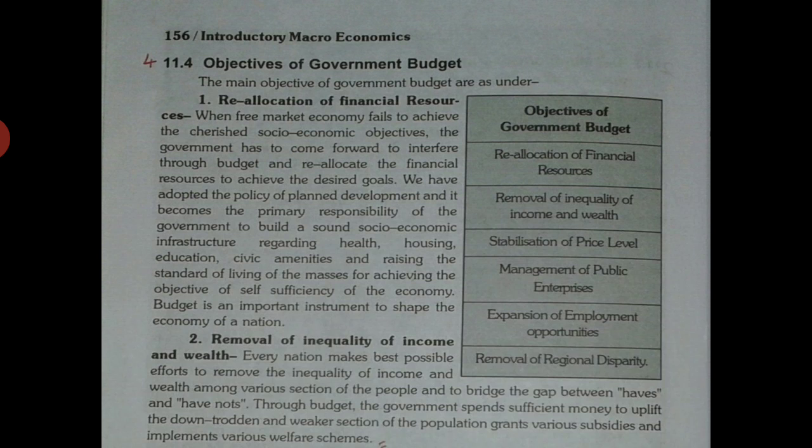But the villages or the states that, due to their geographical location, cannot make progress, lack natural resources and have geographical features like plateaus and mountains. So that regional imbalance can be removed through the budget by reallocating more financial aid by the government.